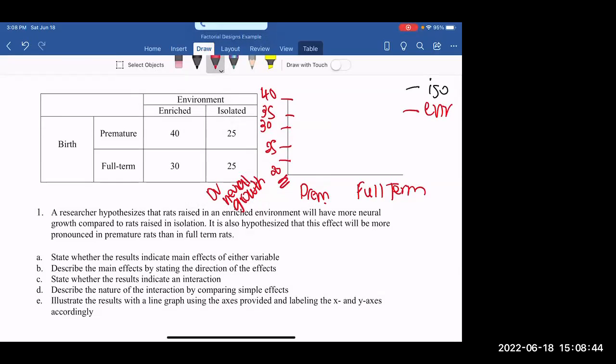For premature rats, the enriched was 40, and the isolated was 25.